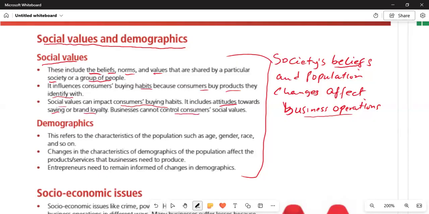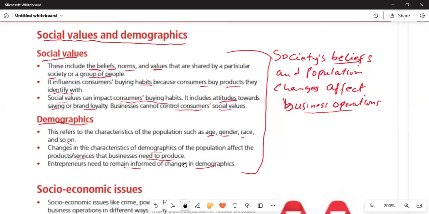Business cannot control consumers' social values. Demographics refers to the characteristics of populations such as age, race, gender, and so on, like we talked about earlier. Changes in the demographics of a population affect the products that business needs to produce. Enterprises need to remain informed of changes in demographics.